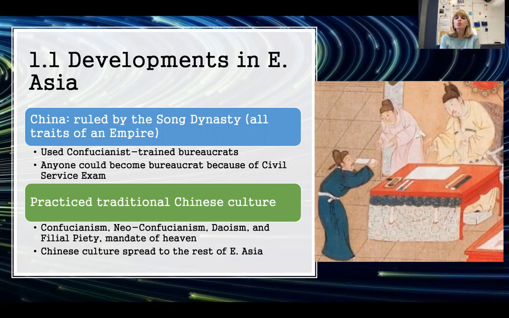In order to rule this large land, they're going to have trained bureaucrats, and these trained bureaucrats will be steeped in understanding of Confucianism. All right, if you don't remember what that is, make sure you go back and read in your notes. What's really interesting about China, though, is China employs a merit-based system. Anyone can become a government bureaucrat, right? Not just the wealthy, not just the powerful, not just the people who've been lucky to be born an important person.